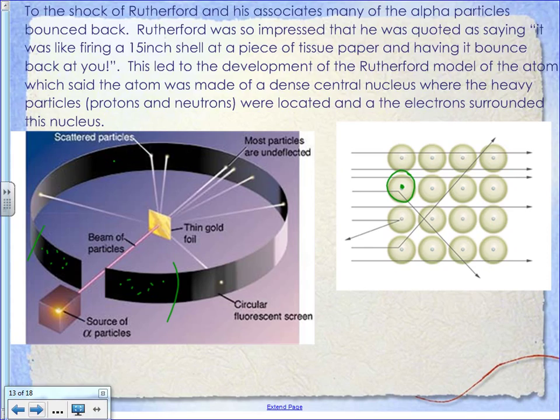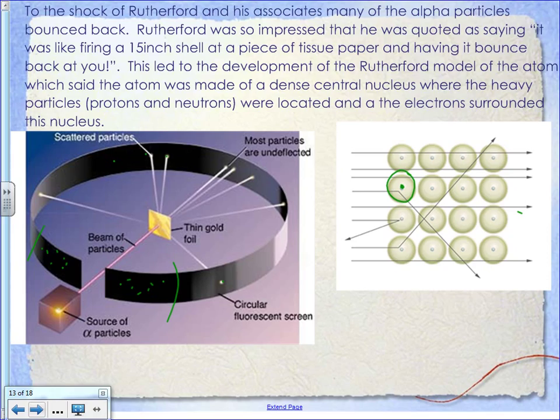That's why the particles, many of them anyway, got through. Some of them did hit a nucleus, and they would get bounced or deflected, and those are the ones that we see over in these areas that got deflected. So his experiment proved unequivocally the existence of the nucleus and the size of the nucleus. This was a crucial experiment in atomic physics that allowed us to develop all kinds of technologies thereafter.